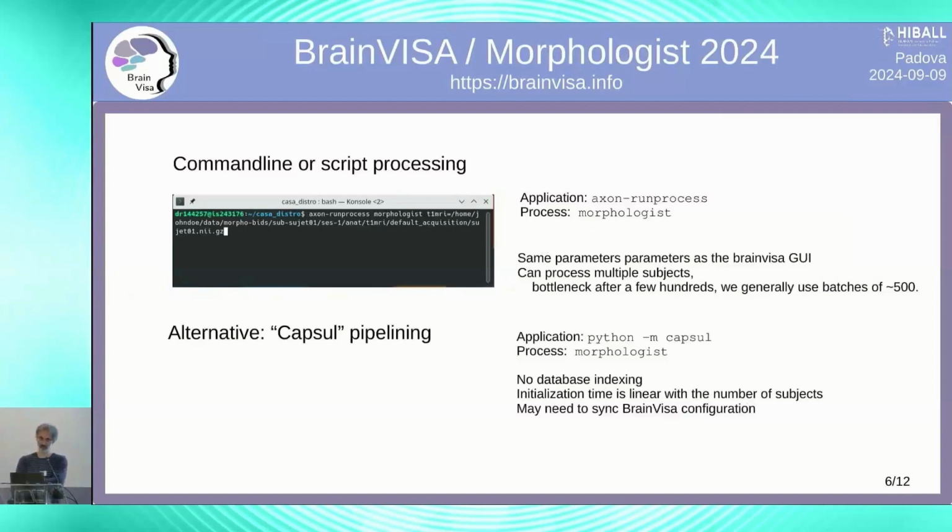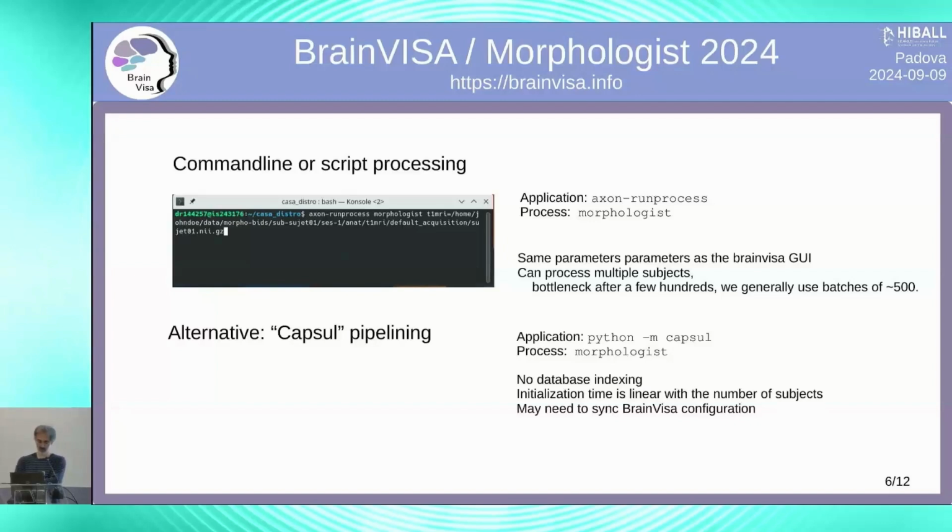When you run some very large databases, even the command line interface, we generally process batches of about 500 subjects at one time. There's another way, I just mentioned it, but I won't actually show it. We have designed a new pipelining infrastructure to try to get rid of the bottlenecks of the older one. But it hasn't been integrated in the graphical interfaces yet.